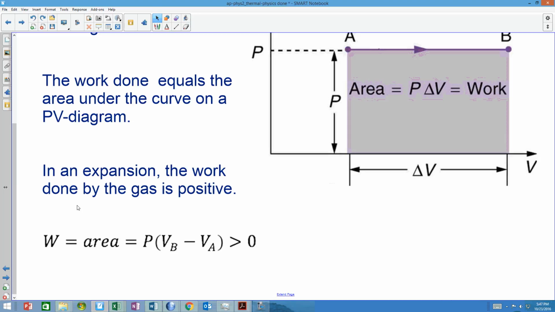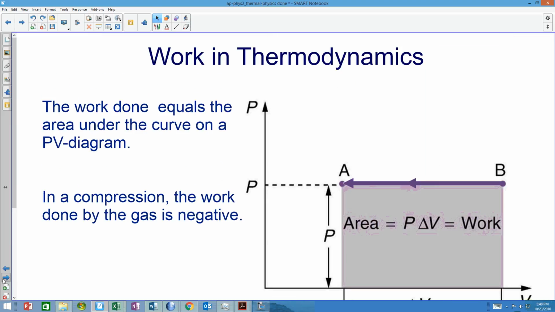In an expansion, the work done by the gas is positive because we're taking the pressure times the volume at point B minus the volume at point A, and since the volume at point B is larger than the volume at point A, we end up with a positive area. In other words, the area is positive, multiplied by a positive pressure gives us a number greater than 0, and the work done by the gas is positive.